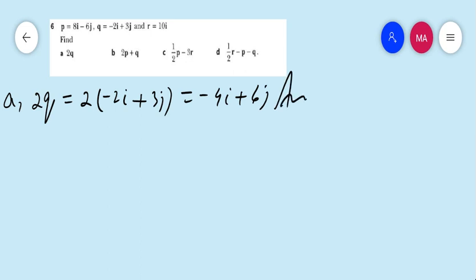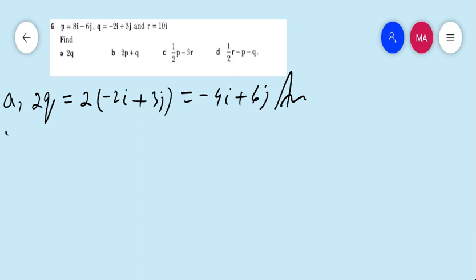This is our final answer. Actually, this is vector algebra. Answer in the book is 4I, which is obviously wrong.